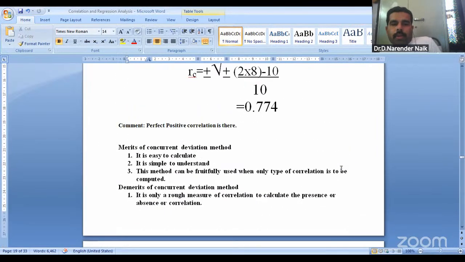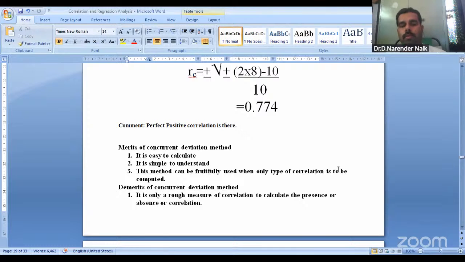Next, the merits of the concurrent deviation method. First merit: it is easy to calculate. Second: it is simple to understand. Third: this method can be fruitfully used when only the type of correlation is to be computed.